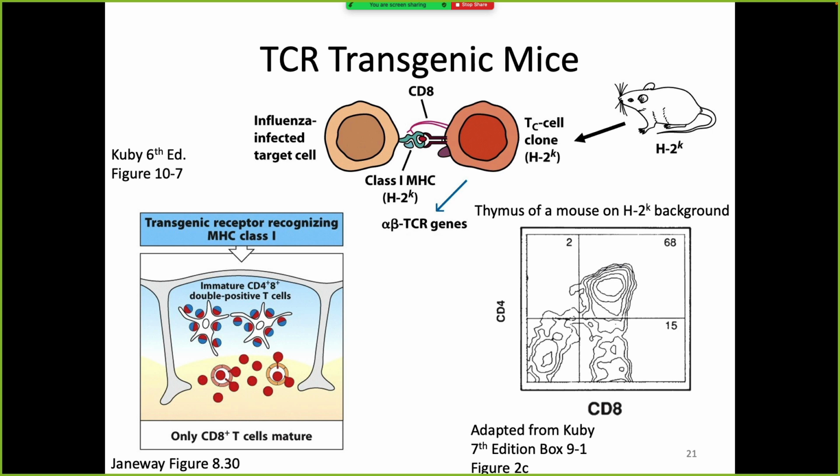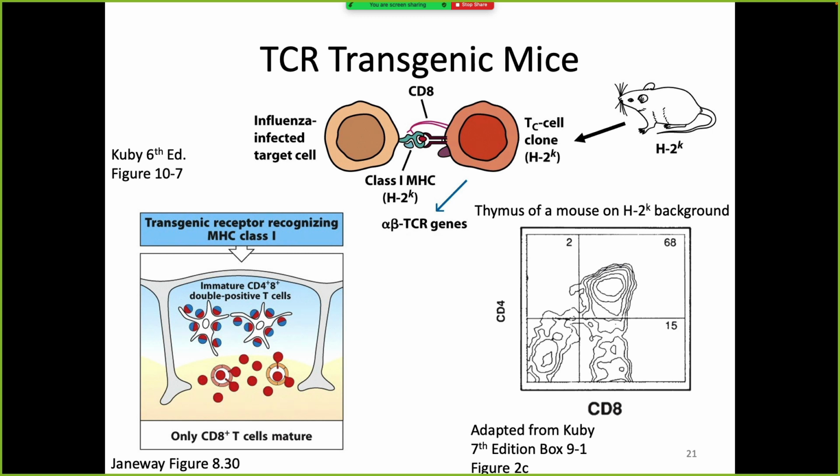What we could do is look at our T cell and find the T cell receptor genes: the T cell receptor alpha gene that this T cell uses, and the T cell receptor beta gene that this T cell uses. There will have been some kind of VDJ recombination to make that particular beta, and some VJ recombination to make that particular alpha.